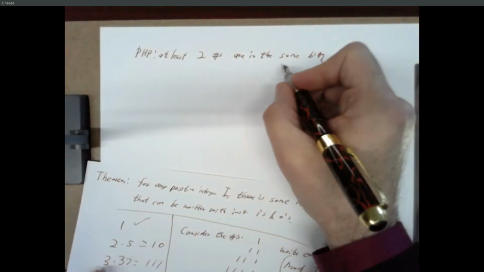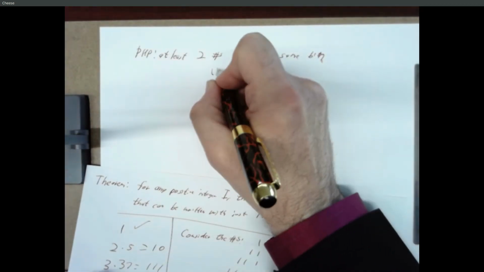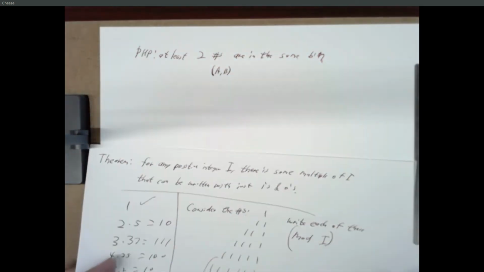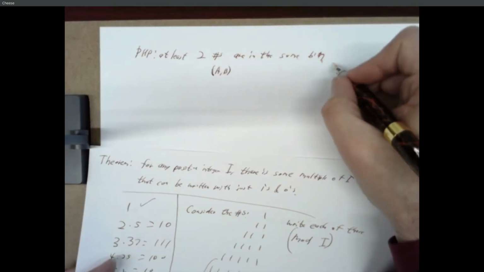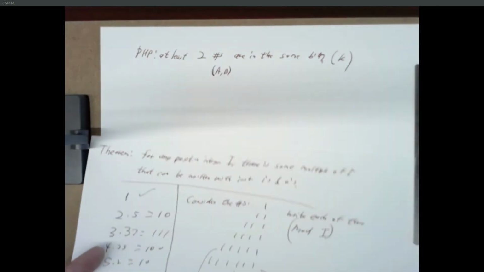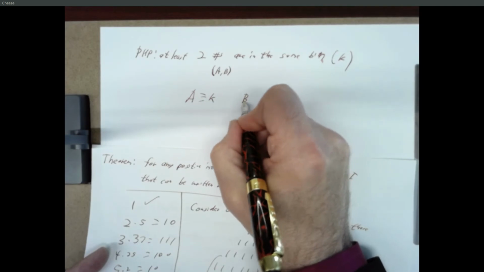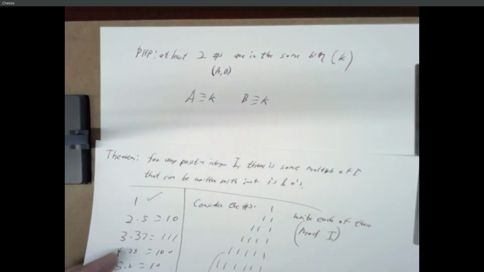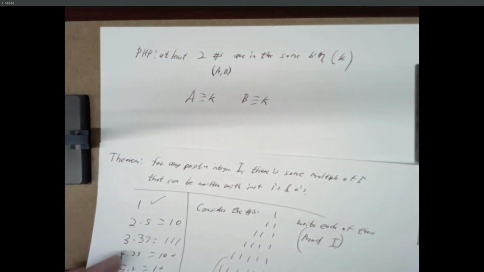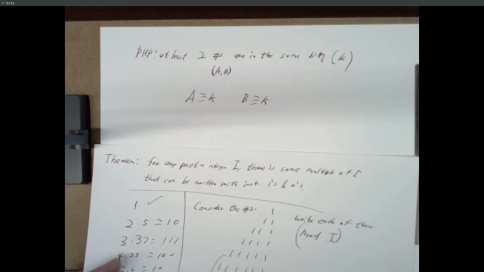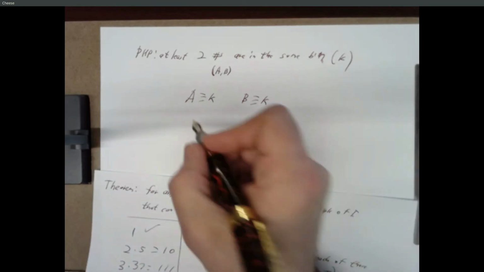So let's just call these 2 numbers A and B. Well, if they're in the same bin and this bin is bin K, that means that A is congruent to K and also B is congruent to K. So what can we say about A and B relative to each other? They're congruent to each other.